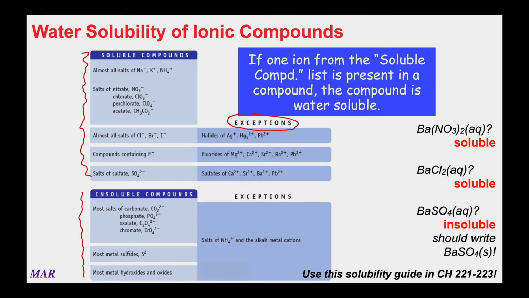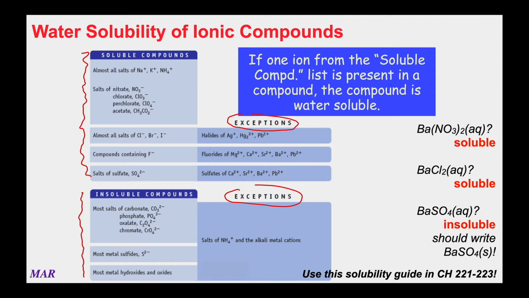So those you would put an S next to, they don't dissolve in water. Those are the rocks in water kind of material. However, just like the upper part, there are some exceptions to this as well, and the exceptions would be AQ. So again, you can think about the upper left and the lower right sections as being soluble, AQ. But the upper right and the lower left, those are when you're going to have things that are insoluble.